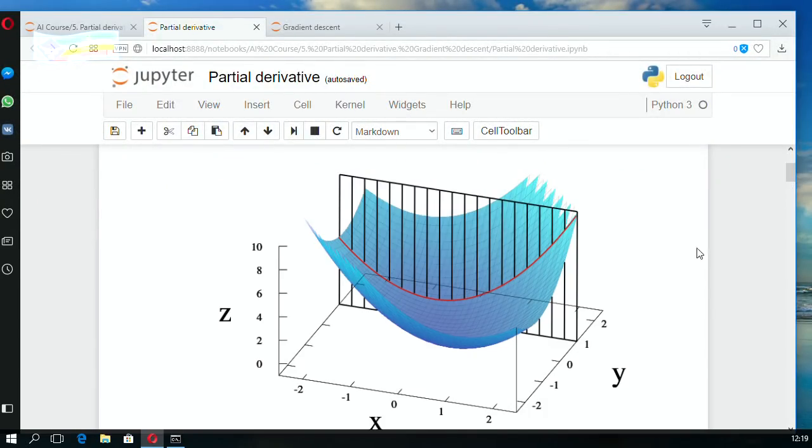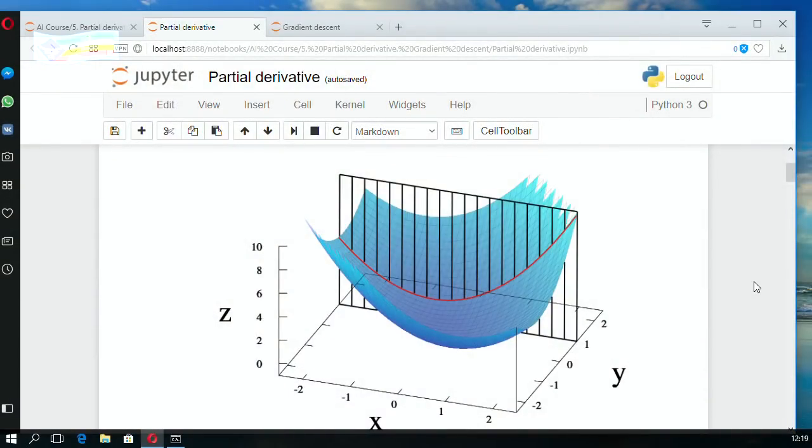You can see this is some function, precisely x squared plus xy plus y squared, and it has such a shape. We don't know how our graph changes if we change x and y a little bit, so we need something like a slope, but for multi-variable functions.